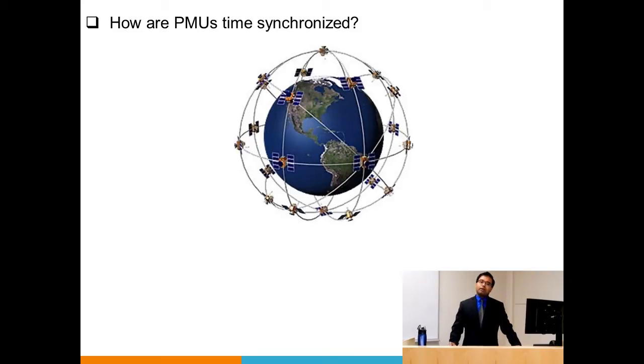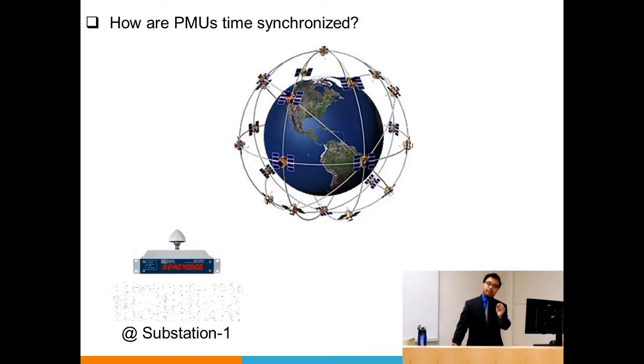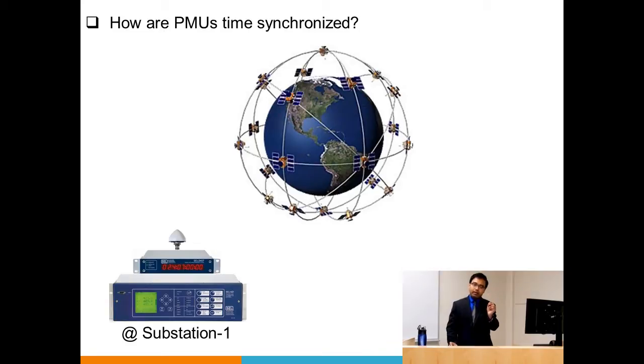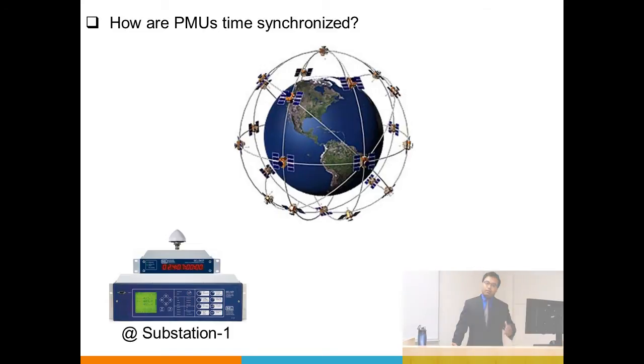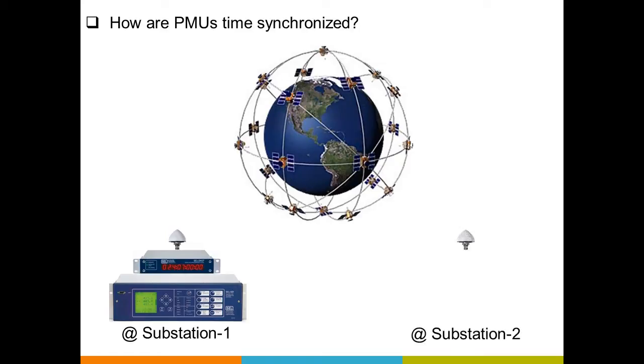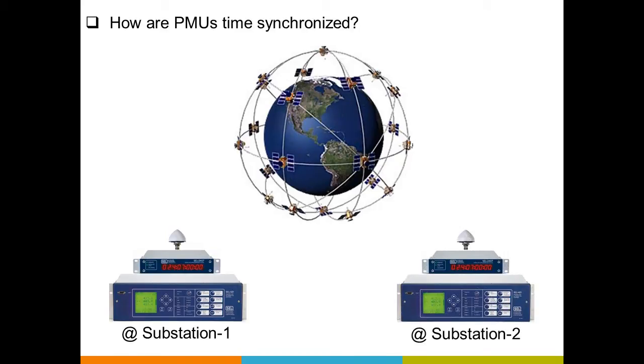Let's say we have a substation 1 which has the GPS antenna which is giving the time signal from the satellites to the GPS clock, which is giving the IRIG-B format time signals to the PMU. A similar architecture is present, let's say, at substation 2, which is geographically quite distant from substation 1.